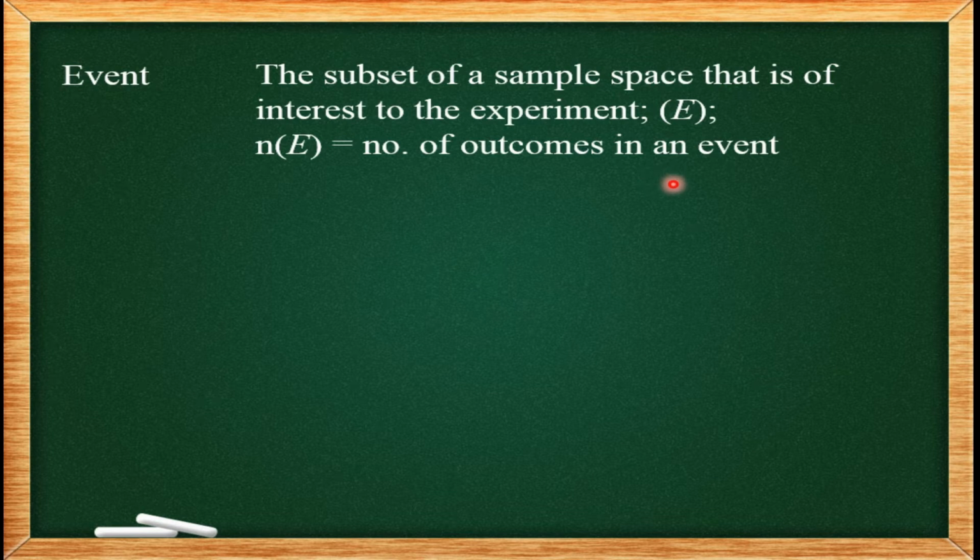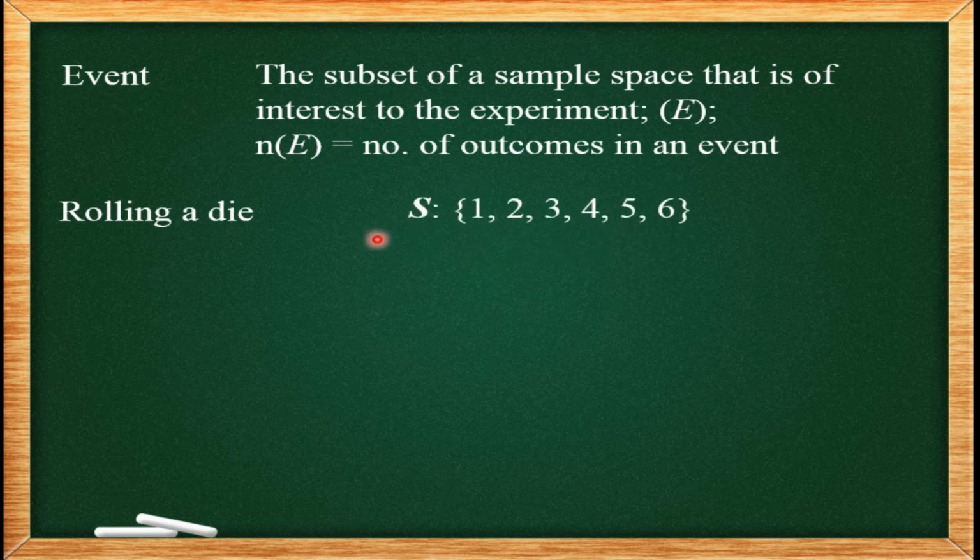Let us consider the example, rolling a die. We have mentioned that the sample space is composed of the numbers 1 to 6. Now, we are interested in a single event.